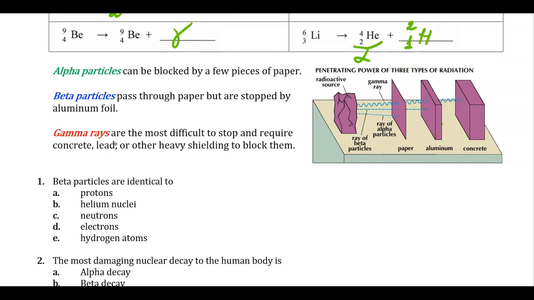And gamma rays actually were the reason for the very dangerous influence of Fukushima or Chernobyl. I think you've heard about them. So it's pure energy, but still very dangerous.